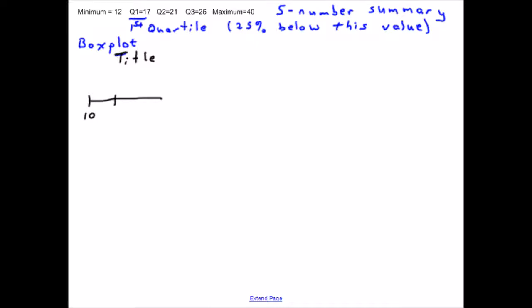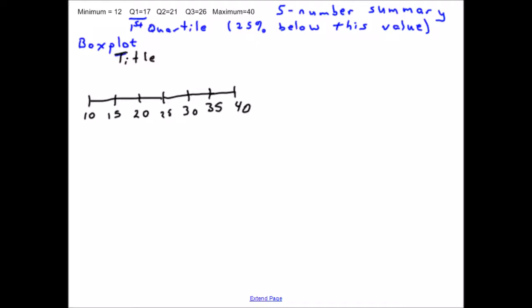And in this case, steps of 5 would be nice, 10, 15, etc. So that would be our number line usage for that. It's got at least the smallest, the 10, at least the biggest, and they are using nice values.